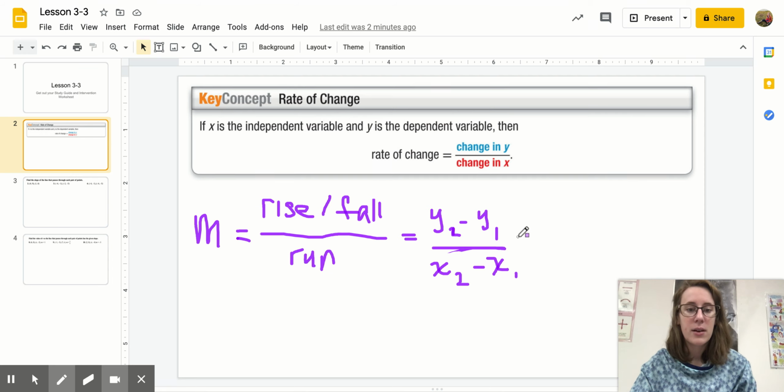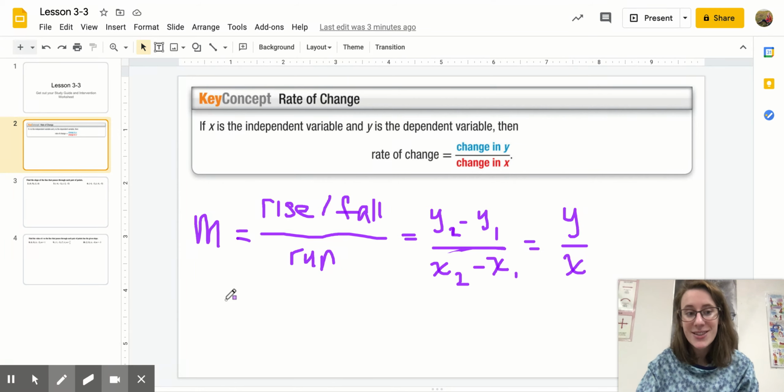So there are 1, 2, 3 ways to write slope at this point, or it's just your y over your x. Usually when we talk about points, we're talking about x first, but in slope you always talk about your rise and run, so your y, or your rise/fall, so your y first.